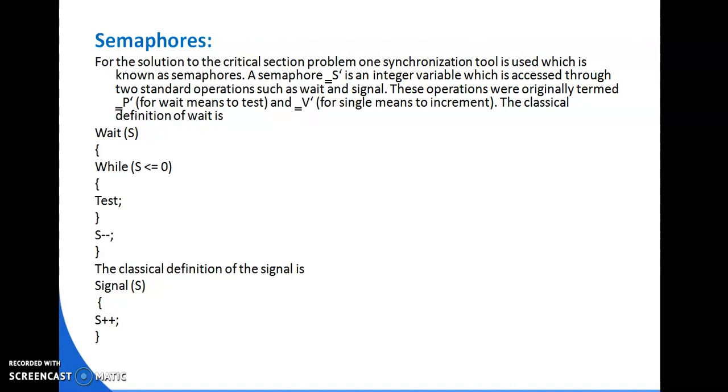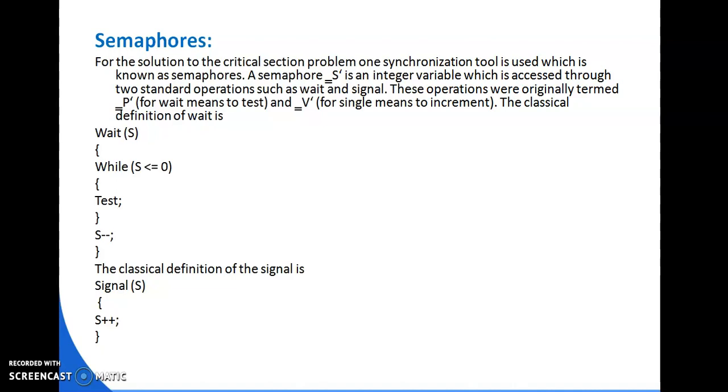The classical definition of wait(S) is: while S is less than or equal to 0, do no operation, that means test. Entry section code enters the critical section. Then S--. The classical definition of signal(S) is S++.